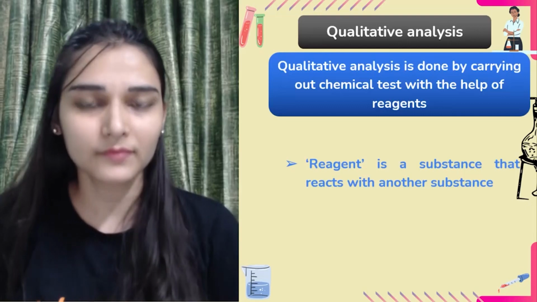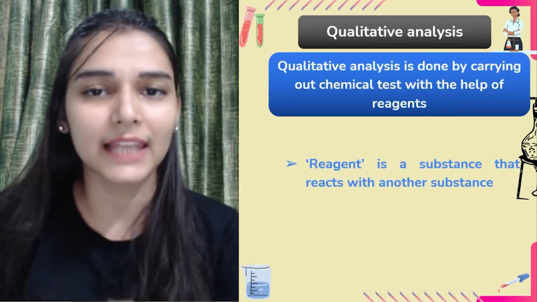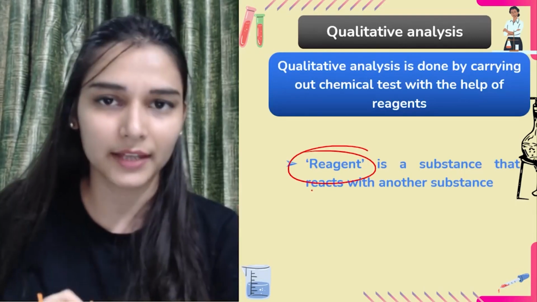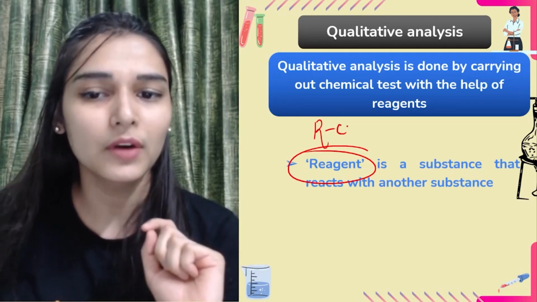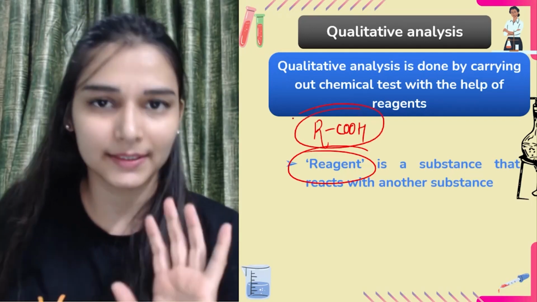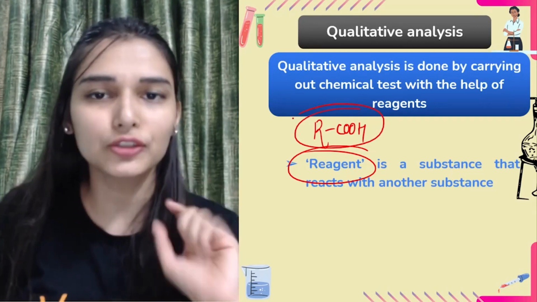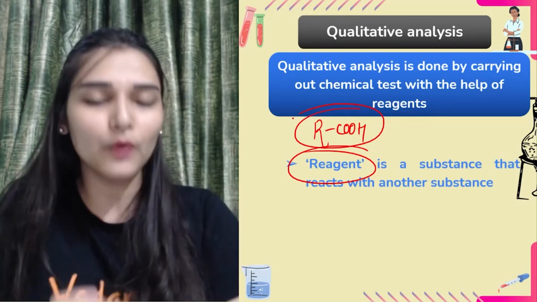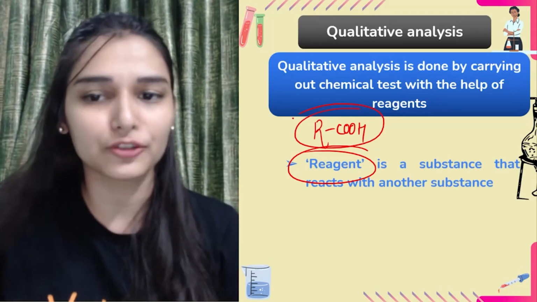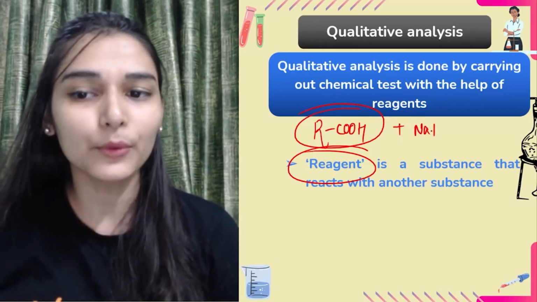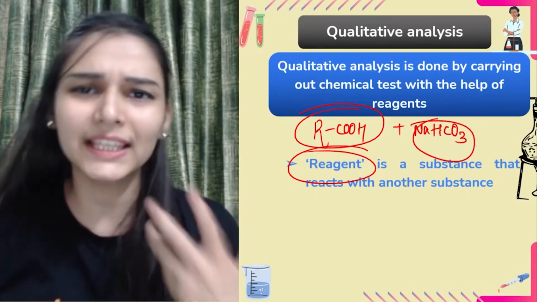And when I talk about qualitative analysis, you need a reagent here. Let's say I have given you an unknown substance. You don't know that's an acid, so you would take this compound and treat it with some reagent. Let's say you treated it with sodium hydrogen carbonate, or any reagent.